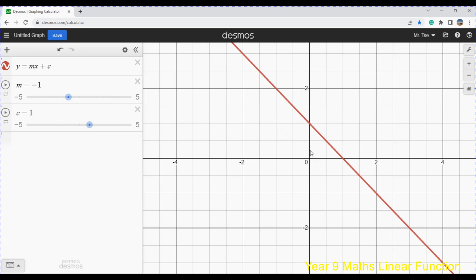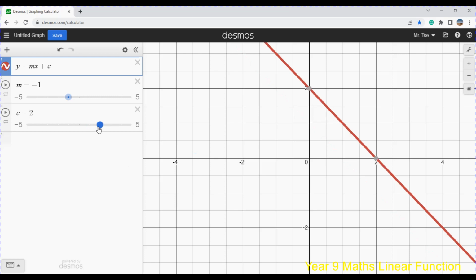The whole line moves up by 1 unit, because that would be the new y-intercept, 0, 1. So the y-intercept is 1. And if I move to another one, now c is 2, and the y-intercept right now is here. So the y-intercept becomes 0, 2.